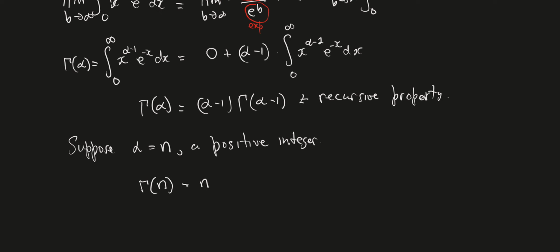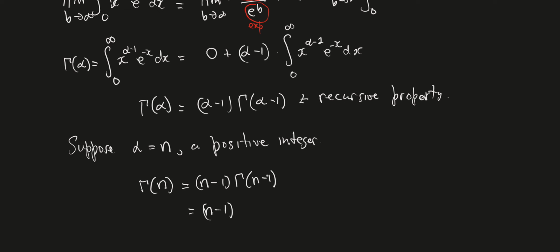So this will be equals gamma of n minus 1. But then what if I apply that definition again? Let's fix this. So it's n minus 1 times the gamma of n minus 1. But then bring down the n minus 1.